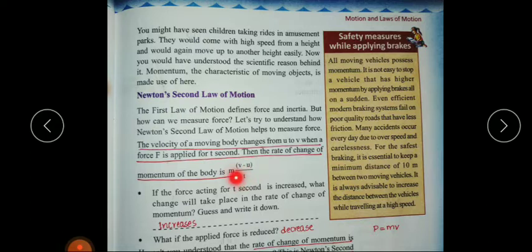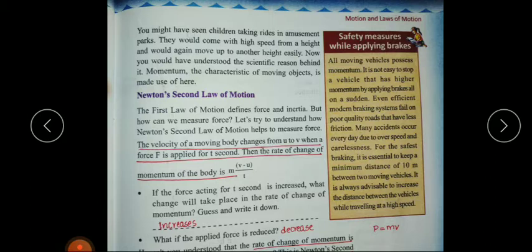So what is m? m is the mass of the moving body, v is the final velocity and u is the initial velocity. So mv minus mu divided by t means what? Rate of change of momentum. The velocity of a moving body changes from u to v when a force F is applied for t seconds.